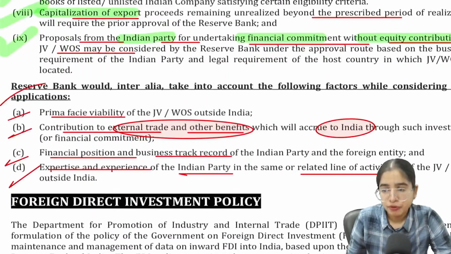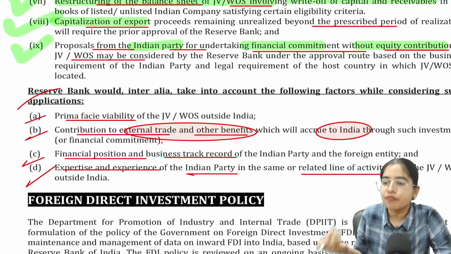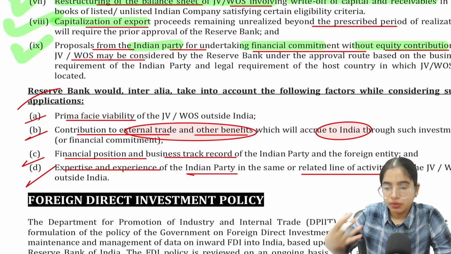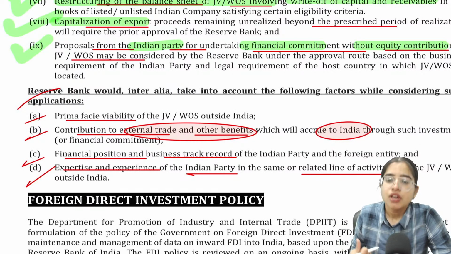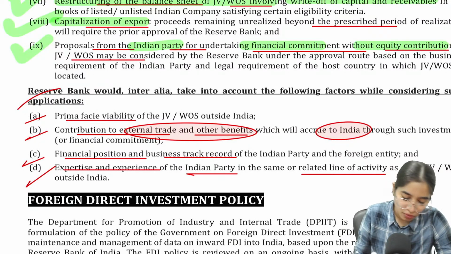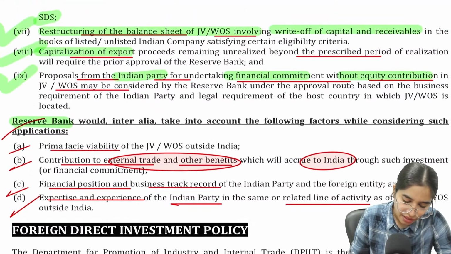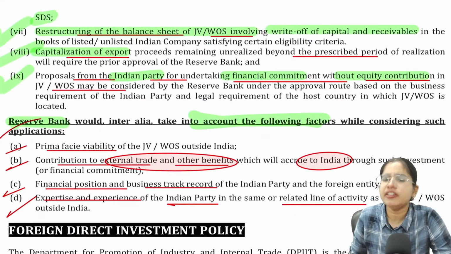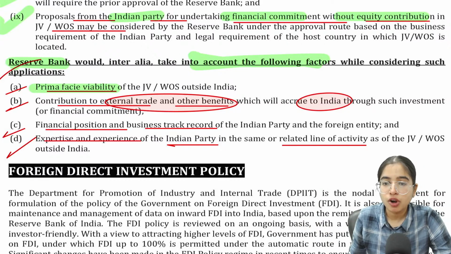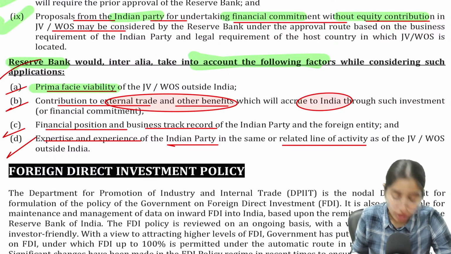And before giving approval, RBI will check a few factors, whether you are working properly now and whether you are bringing benefits to India. So RBI will take into account the following factors. First, prima facie viability: is this investment possible or not, feasible or not.